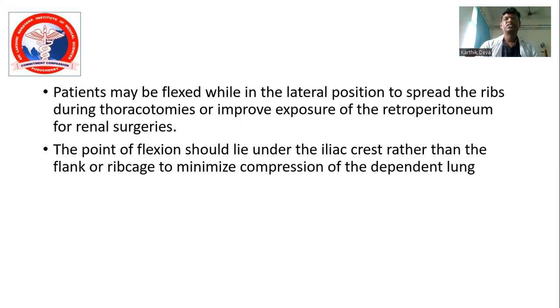Patients may be flexed while in the lateral position to spread the ribs during thoracotomies or improve exposure of the retroperitoneum for renal surgeries. The point of flexion should lie under the iliac crest rather than the flank or ribcage to minimize compression of the dependent lung.